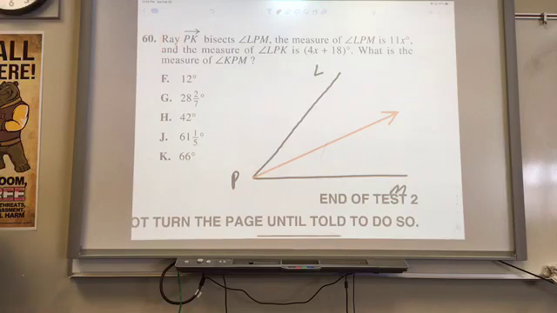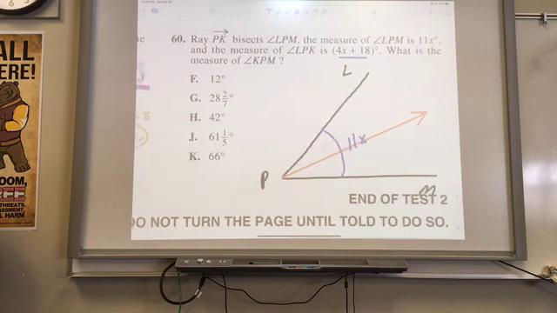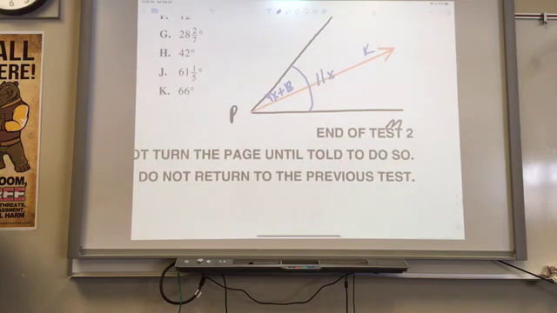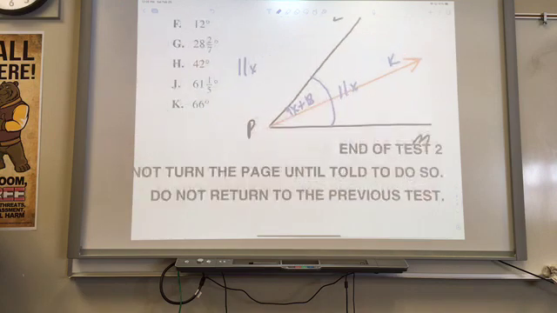All right. So look. LPM is 11x, the whole thing, right? LPK is 4x plus 18, and this was like K. Can you guys solve that? What would you do to solve that? What equation would you use? 11x minus 4x plus 18, right? That would be weird.